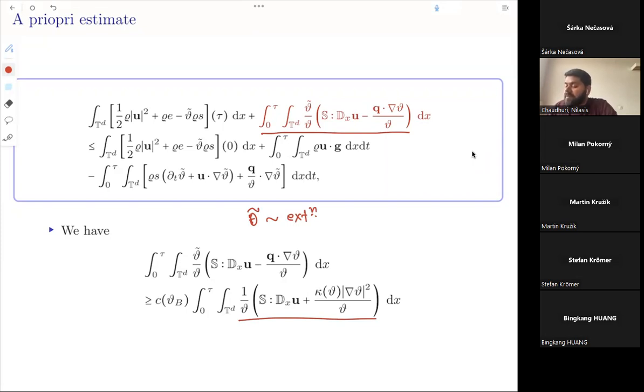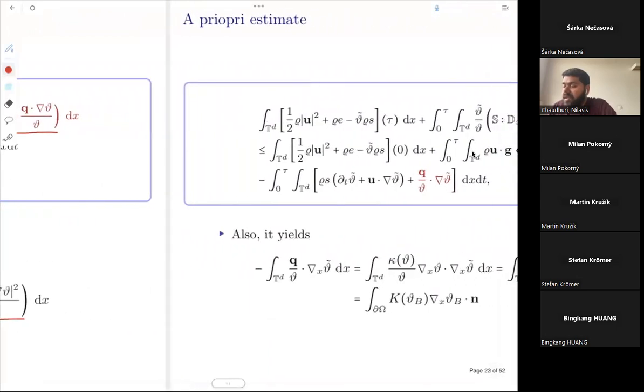I will come back to it later, because then we want to use something like a Poincaré or generalized Poincaré inequality for velocity, and for temperature we get some estimate out of it directly.